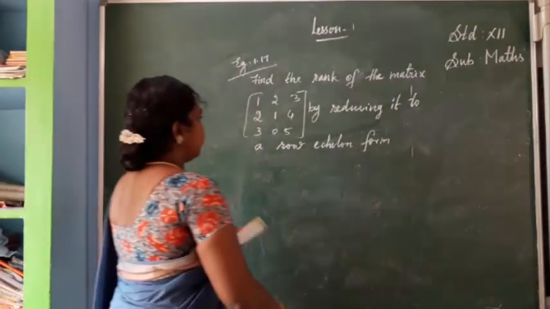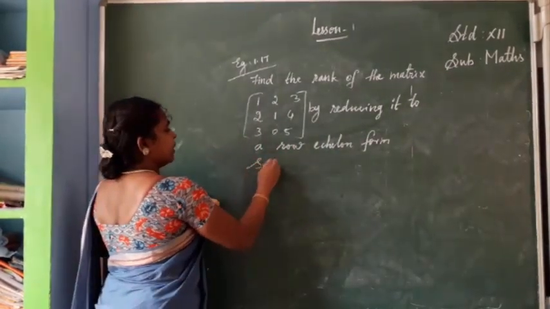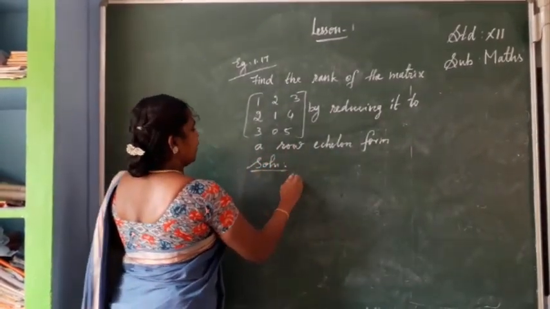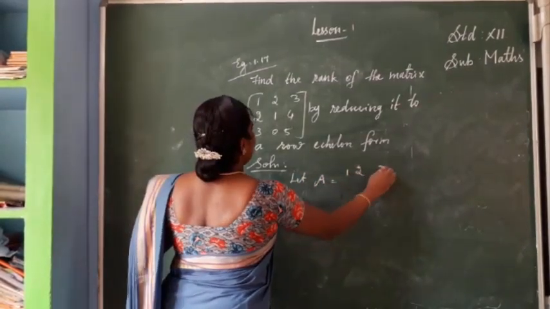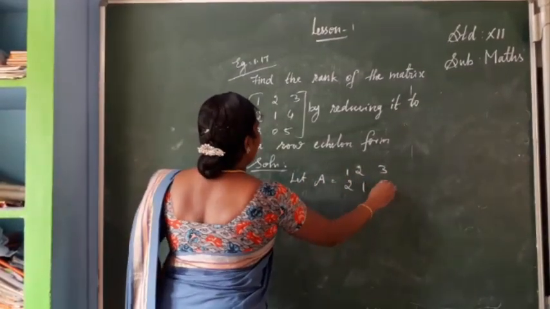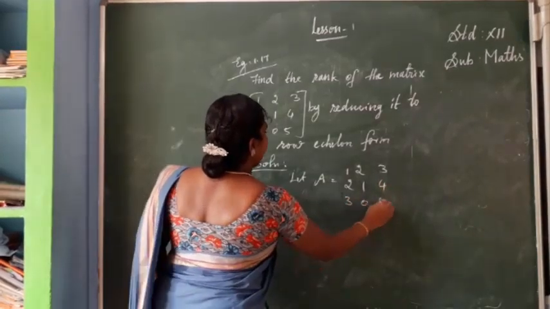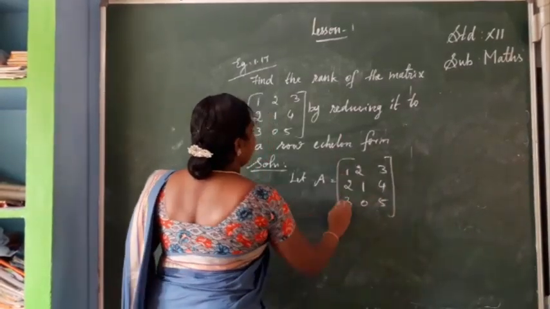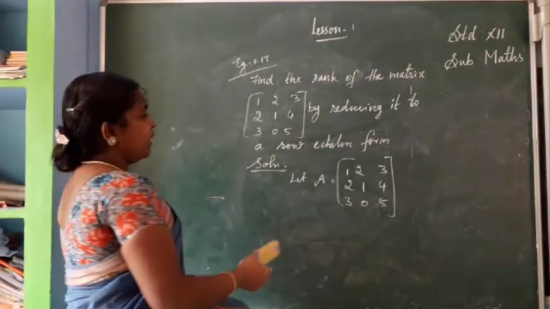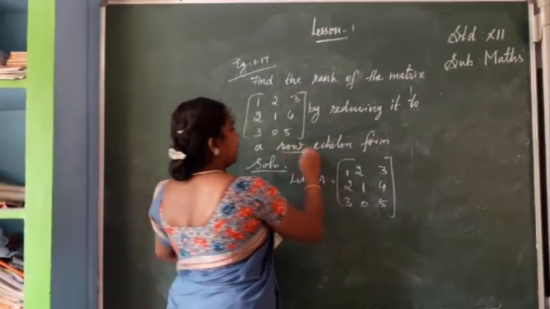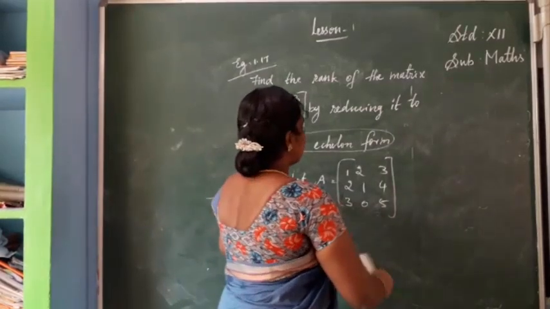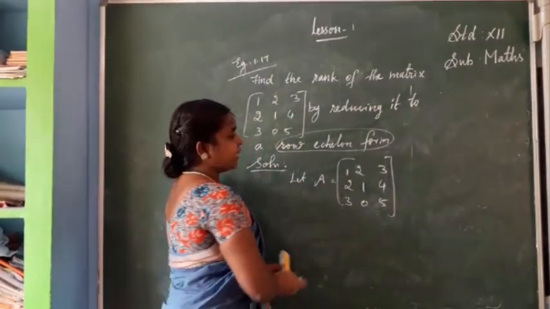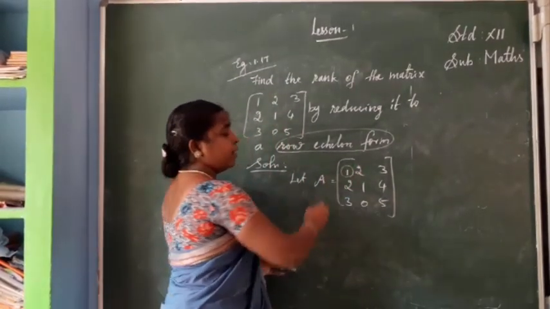So first you have to write the given matrix. Let A equal to 1, 2, 3, 2, 1, 4, 3, 0, 5. Already I explained about the row echelon form. In row echelon form, the first row, first column element A11 should be non-zero.